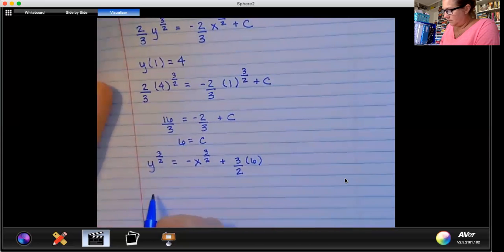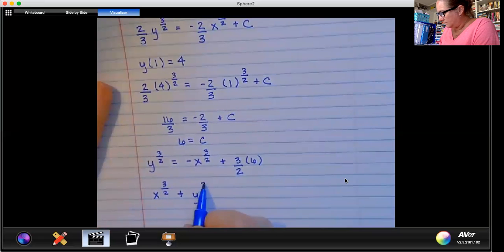So I'm going to bring those all over together. So I'm going to say x to the 3/2 plus y to the 3/2 equals 9. And that's going to be the square root of x to the 3rd plus the square root of y to the 3rd is equal to 9. And this will be my particular solution.